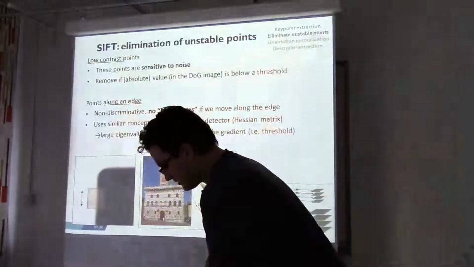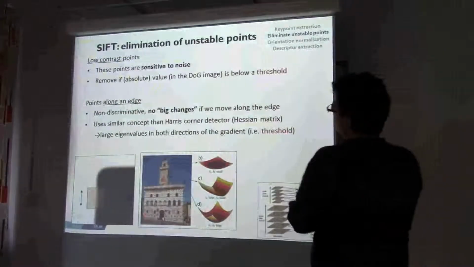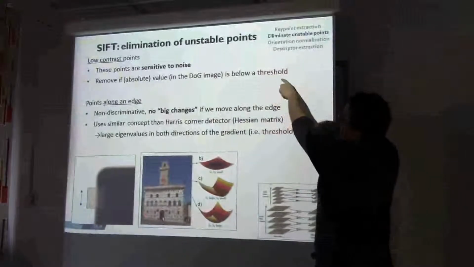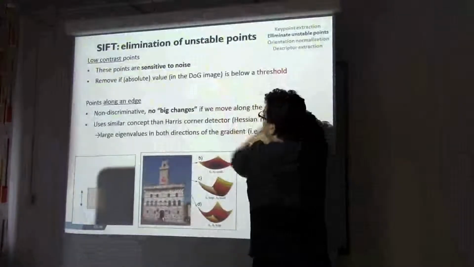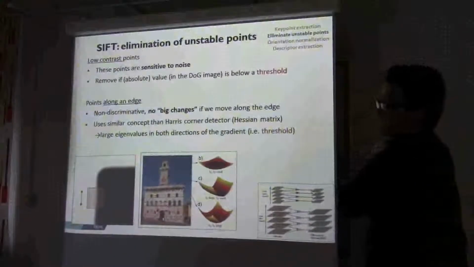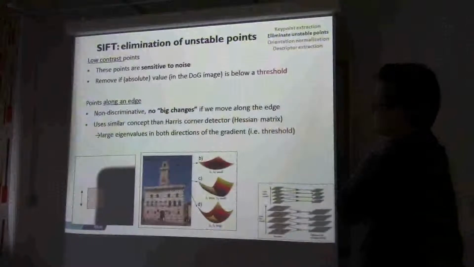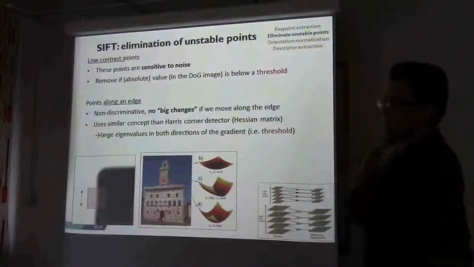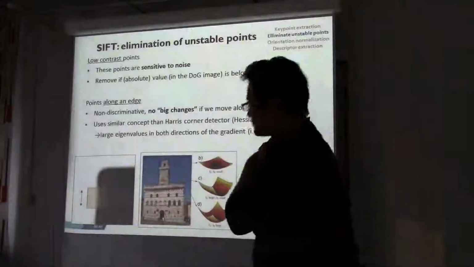Then there is elimination of unstable points based on 2 thresholds. One is elimination based on the absolute value in this difference of Gaussian image to eliminate low contrast points, because these points are sensitive to noise. You have noise in the image, and maybe you don't detect this point anymore, so you are not interested in this kind of point.